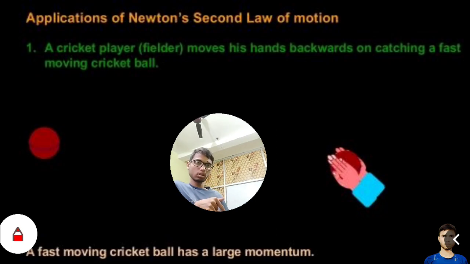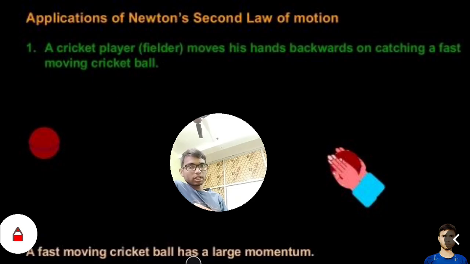If the velocity of the coming ball is more, then the cricket player will move his hand back more while catching the ball, so that his hand cannot get hurt.